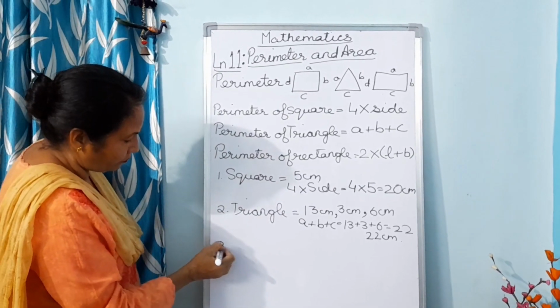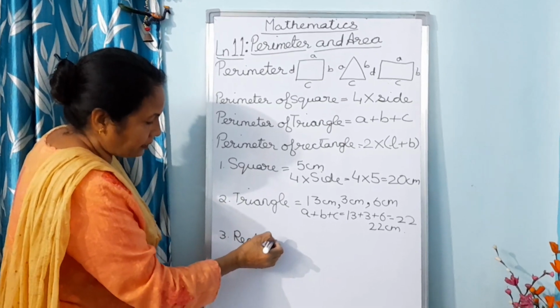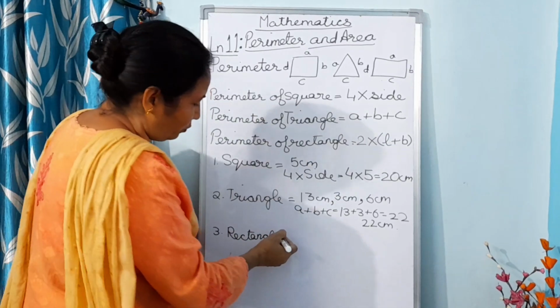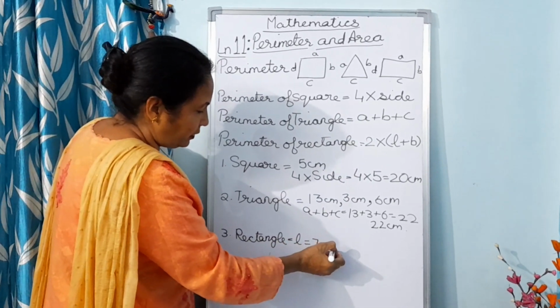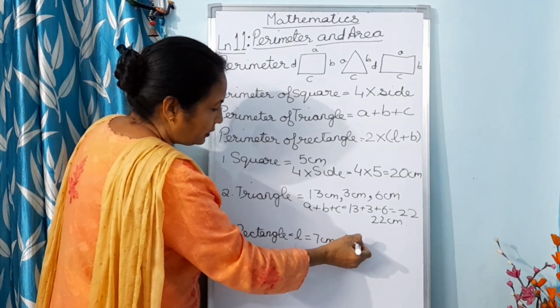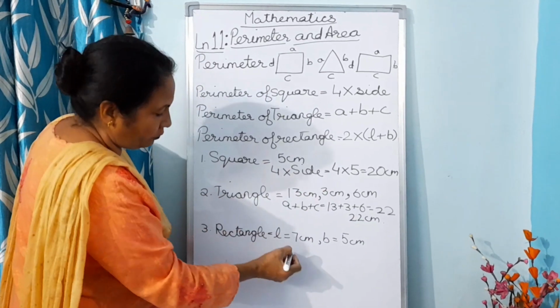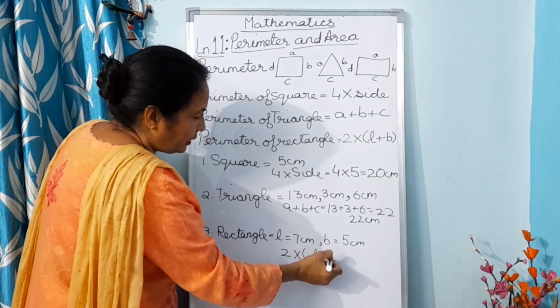Then you have rectangle. Now in rectangle, as I have told you, the opposite sides are equal. So length is equal to 7 centimeter and breadth is equal to 5 centimeter. So the formula is 2 into length plus breadth.